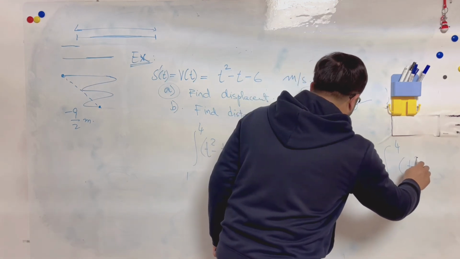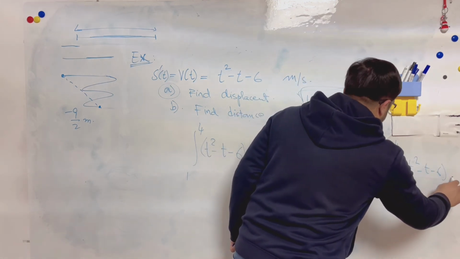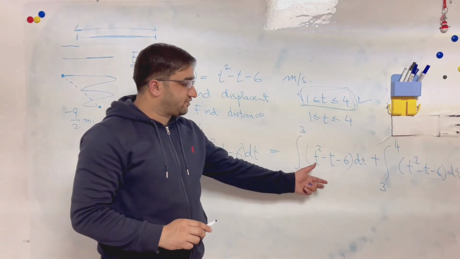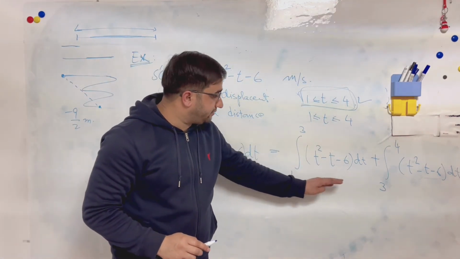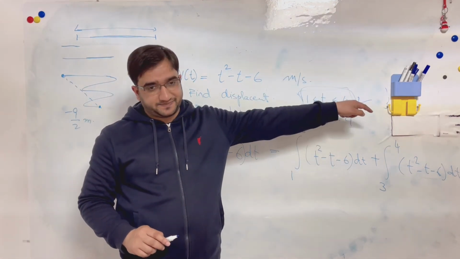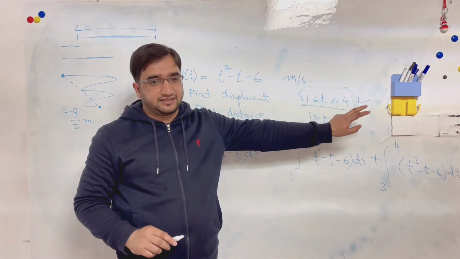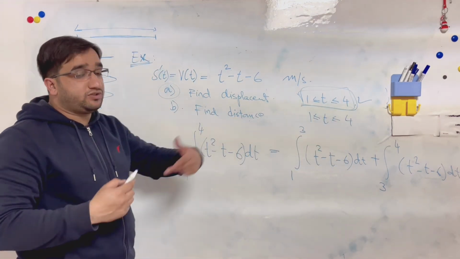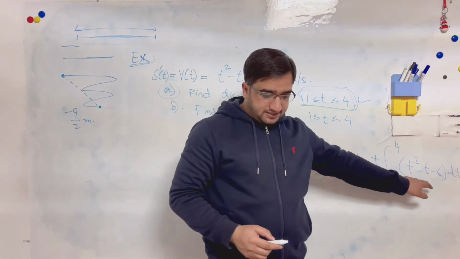It gives you t square minus t minus 6. But on the third second, isn't it 0? So that's fine, 0. So the positive distance is achieved after 3. Up to 3, you are getting the negative distance. When you cross the third second, then you are getting the positive distance. So this is already positive.